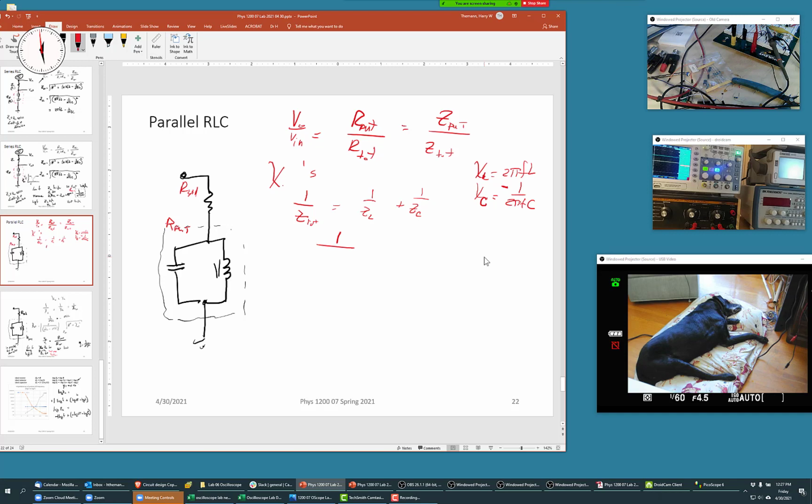So it's 1 over 2 pi FL minus 2 pi FC. Okay, so that's implied.